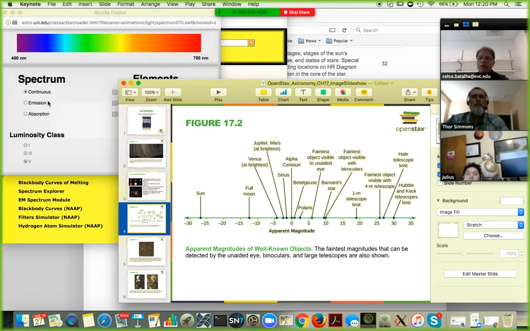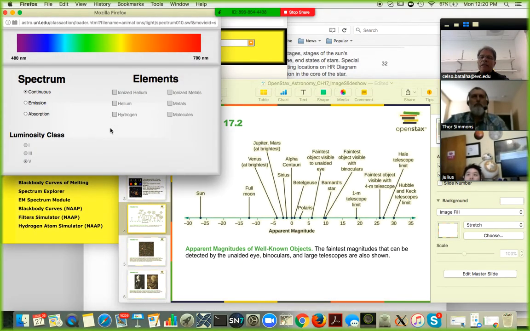Let me go back to that animation, and let's take a look at spectrum. Now, let's say you have a spectrograph, and what it does is create a rainbow. If we try to do that in the laboratory, we can do it with a piece of glass, we might be able to see a rainbow, but you can use good technology to make a very well done rainbow like that.